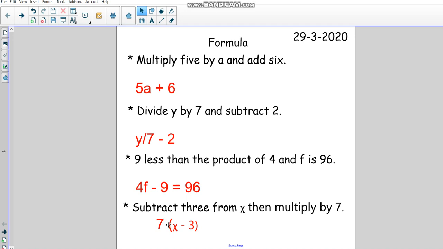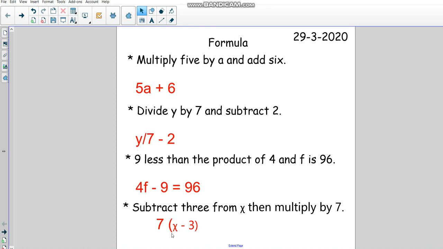Why didn't I put any sign between 7 and the brackets? As we said, multiplication is always invisible in algebra. And that's why I didn't put the multiplication sign between 7 and the brackets. Does that mean I'm multiplying the 7 with the whole brackets?